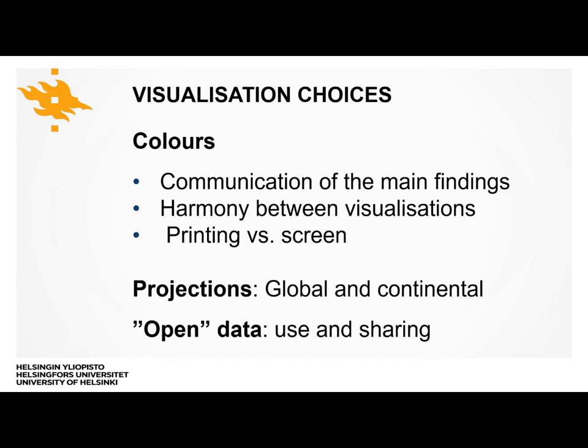Then how to create harmony between the different visualizations that are there, so that it would assist the reader in getting the essence, the message which was the most important, out of the visualizations. And then the things that have to do always with color selection and other selections as well, be it line width or the text and so on: what's the difference when making a map for screen and when making it for paper.